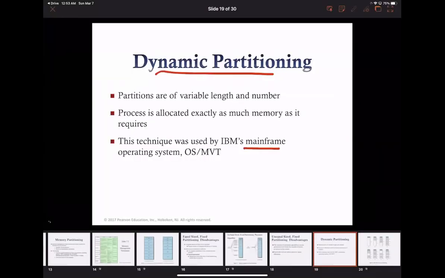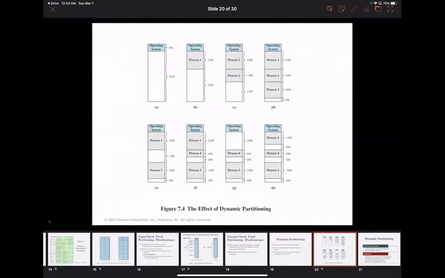Now let's take the following example. Using 64 megabytes of main memory as shown in this figure, we have 8 megabytes allocated for the operating system, and then a 56 megabyte allocation for user processes.